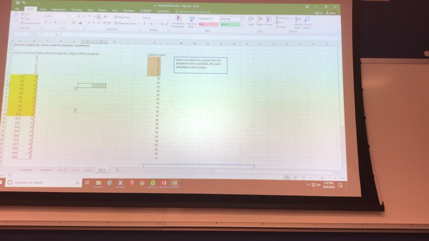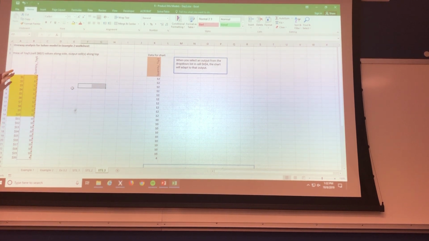Once it hits $11, we still buy a lot, but we don't buy all that they have. That actually took us all the way up to $19. The point where we crossed over and dropped all the way down to just buying 4 was the $20 mark. But the question said, when would we buy them? At $10 or less. If the toy was $10 or less, we would buy every one they had in the store.